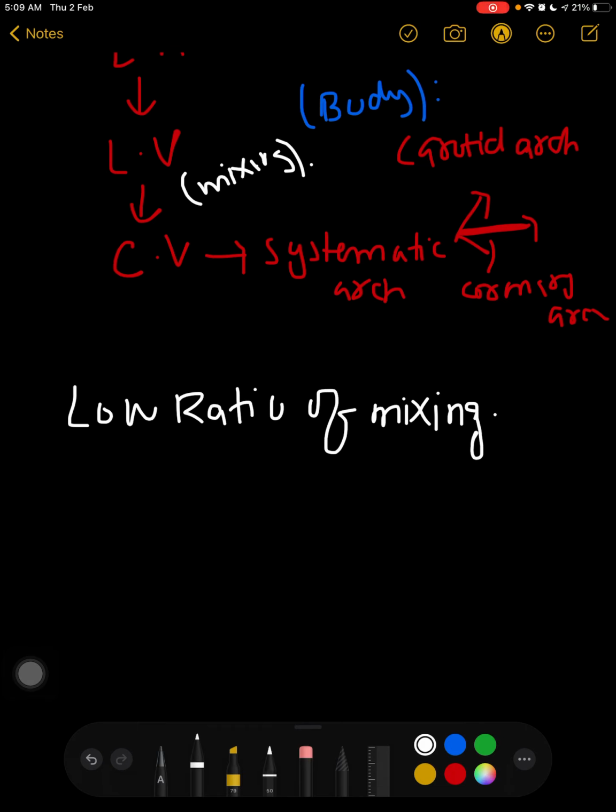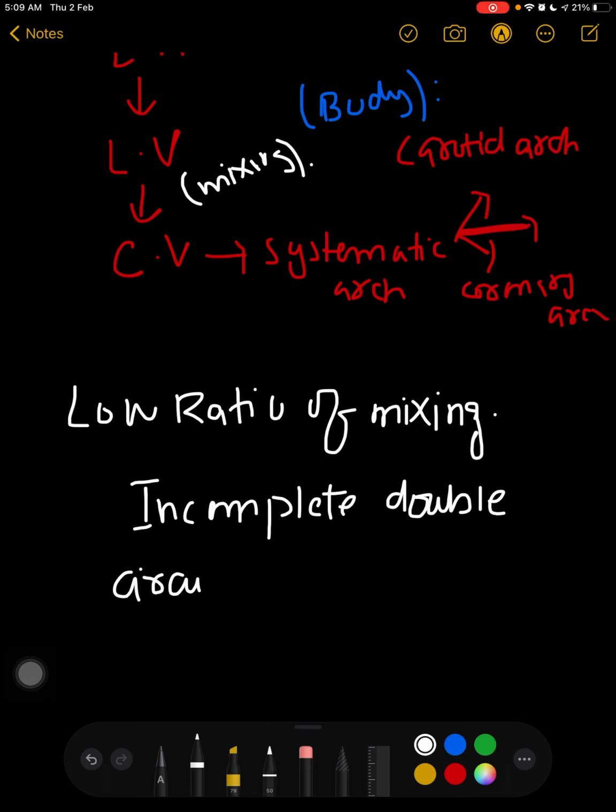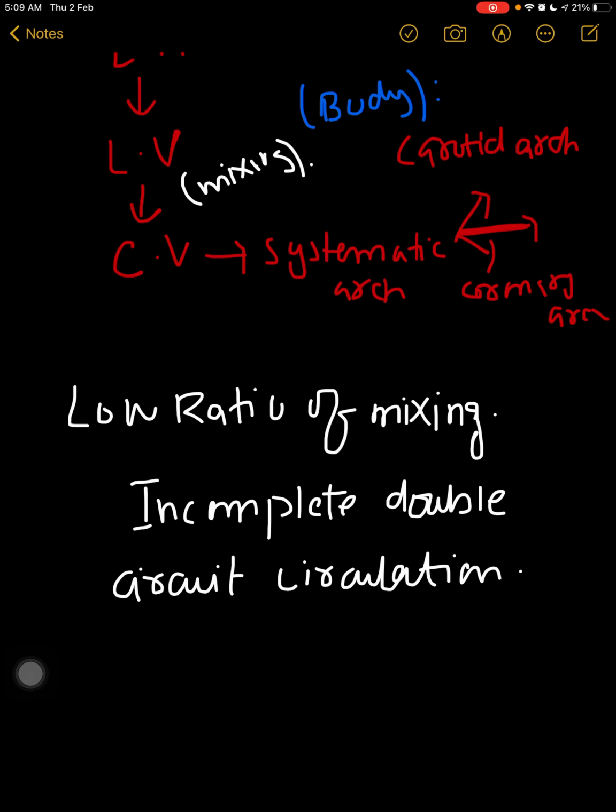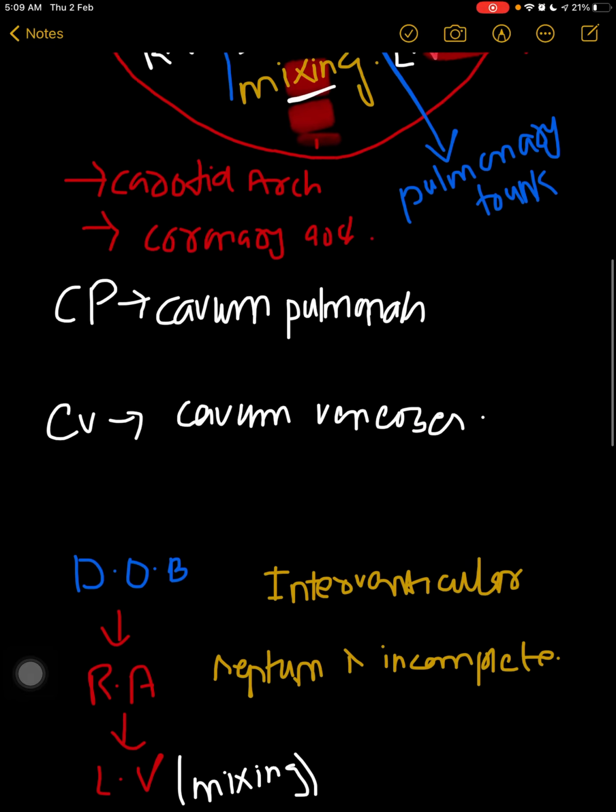So that's why this is known as incomplete double circulation, right?